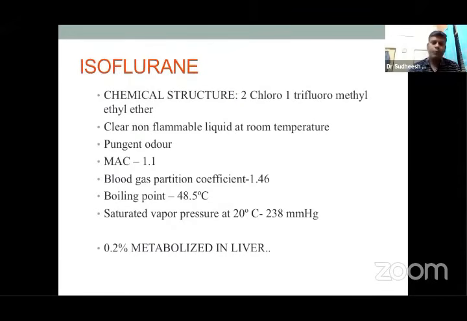So now moving on from IV induction agents to maintenance, that is, inhalation agents. I'll be discussing briefly, rushing through isoflurane and sevoflurane.